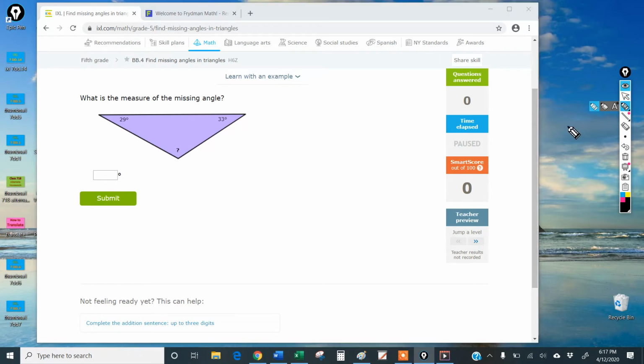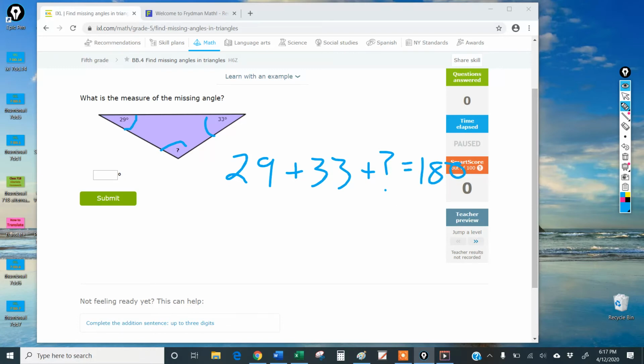So for example, in this question, I know that 29, which is this angle over here, plus 33, which is this angle over here, plus this question mark, is equal to 180 degrees. So what's the question mark? Well, 29 plus 33, that would be, what, 62?